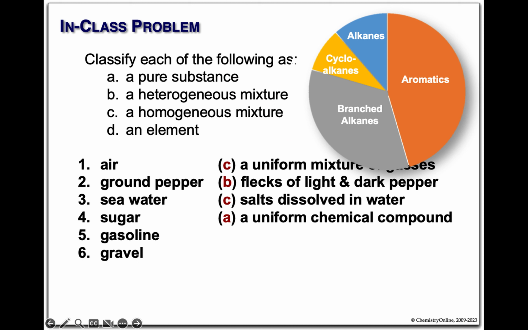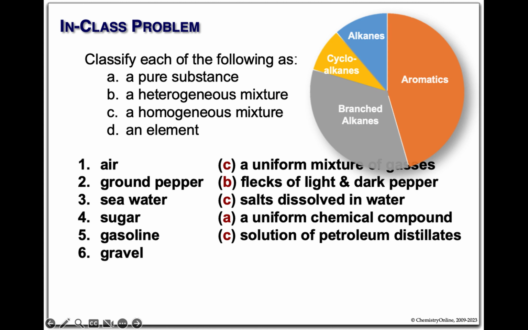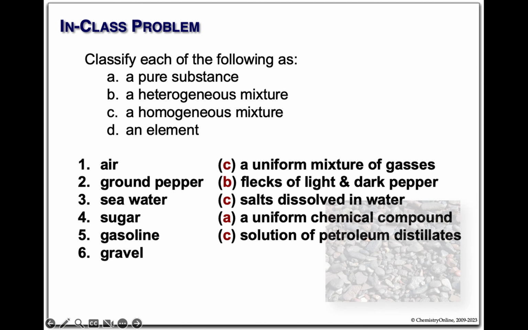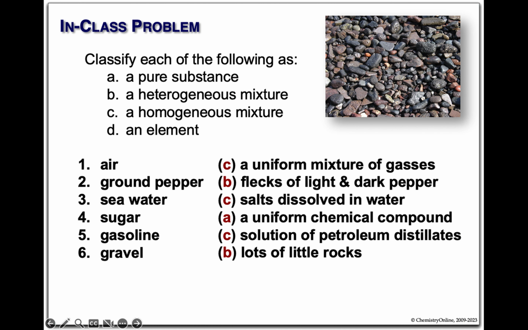And yet, the first stuff out of the pump is going to have one set composition, and the last stuff out will have the same composition. Therefore, this is homogeneous. And finally, gravel, well, we did gravel too. Gravel is just a bunch of little rocks. Any questions?